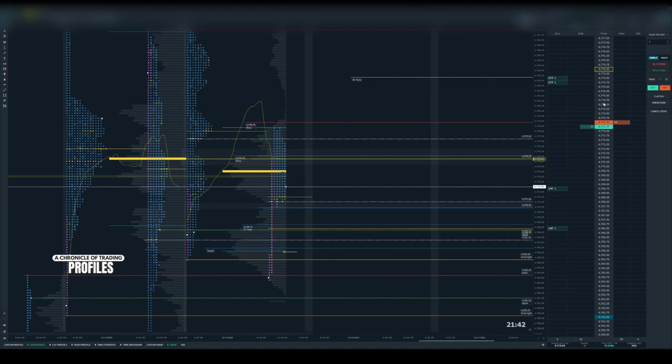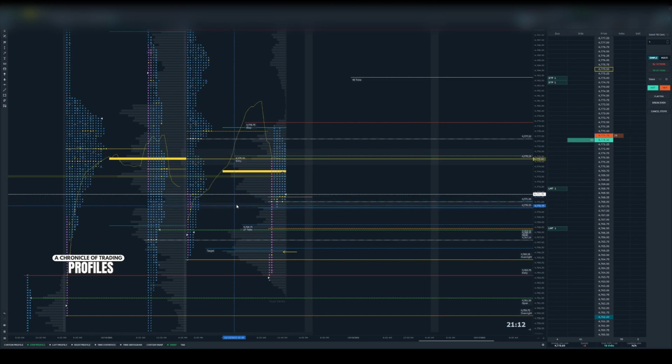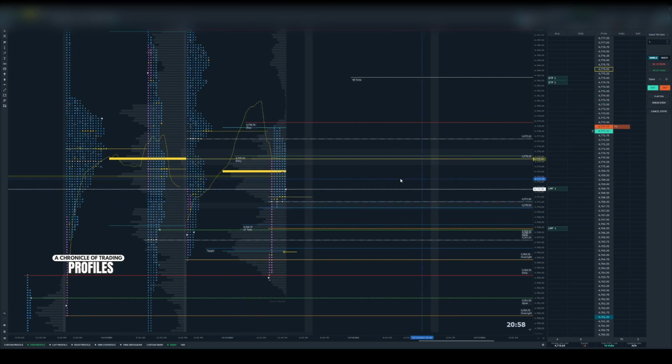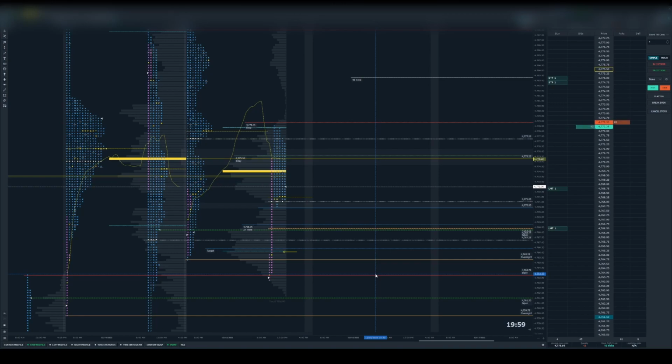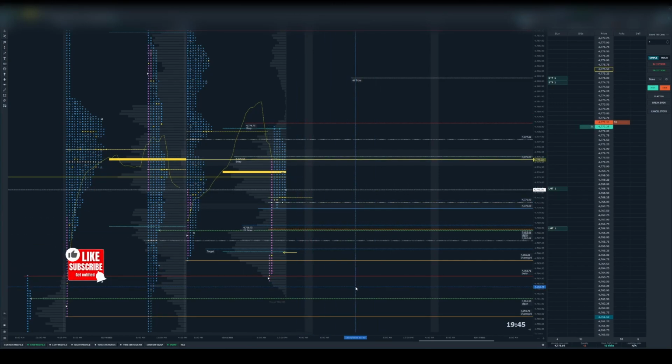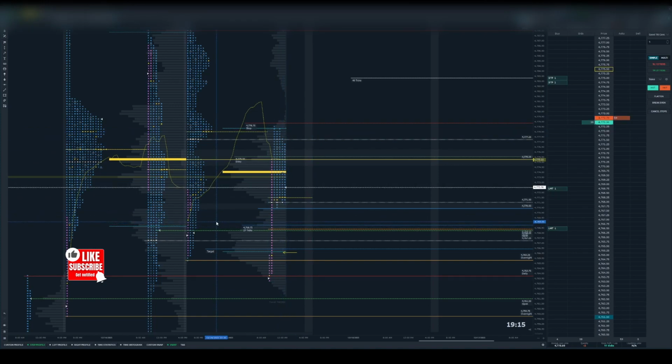There, it pushes right down to the halfback. I kind of thought right here that it should have punched right through that halfback level, and it didn't. So I regrettably take one of the contracts off here. I think I get about 15 ticks on that first one.